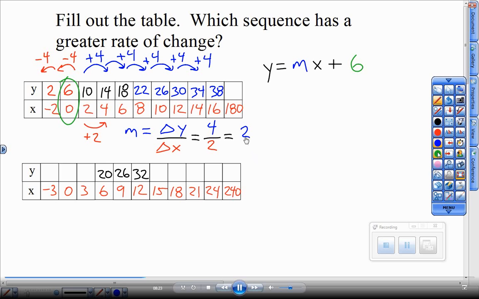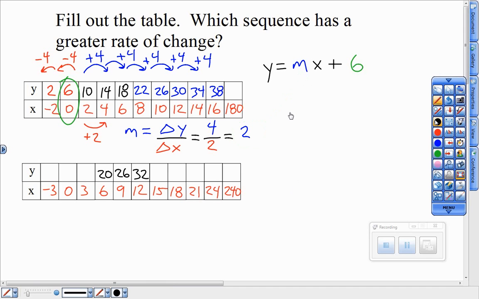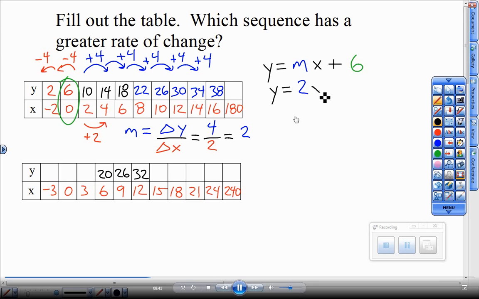That's the number that's going to go in front of x for this problem right here. So the equation for this sequence is y equals 2x plus 6. That is my equation, 2x plus 6, or 2 over 1. Or for every time it's going over 1, it's going up by 2, technically.